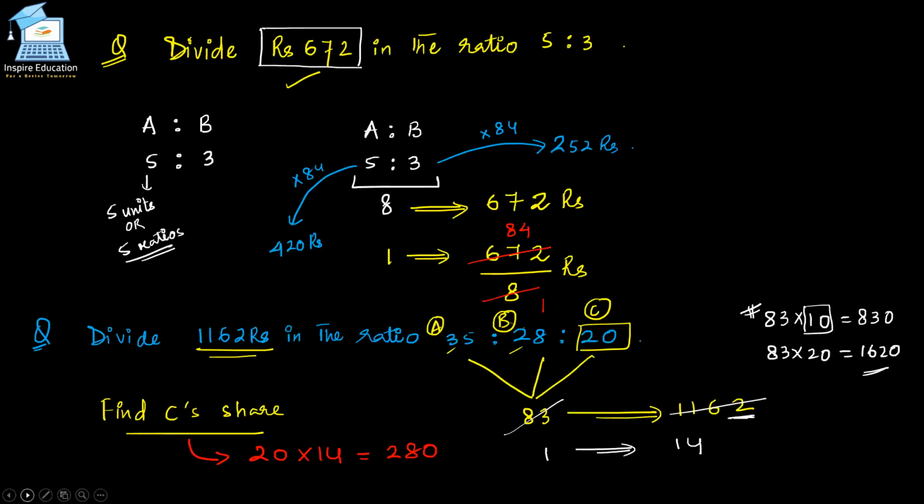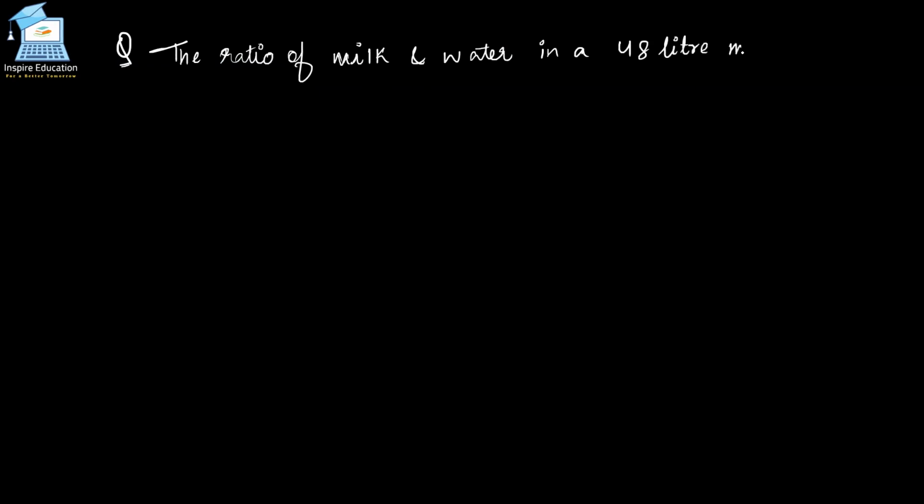The ratio of milk and water in a 48-liter mixture is 7:5.